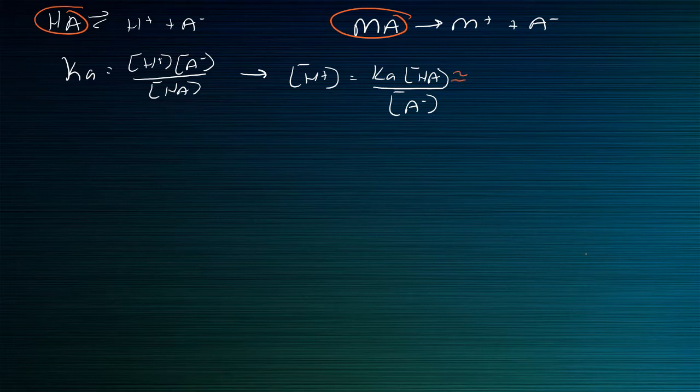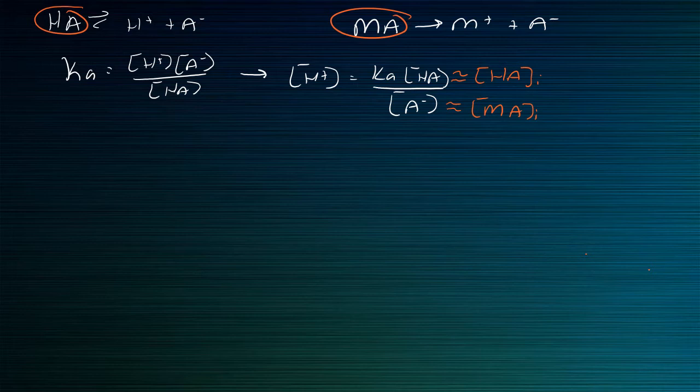So we know our HA, because it dissociates so small, that the concentration of your HA at equilibrium is the same as your concentration of your HA initially. And because we know our salt fully dissociates, we can assume the anion concentration is going to be the same as what the salt originally was.